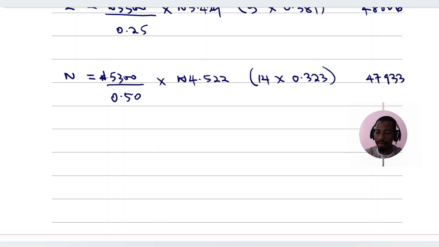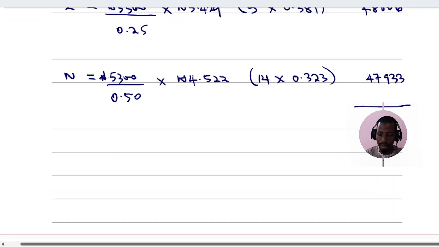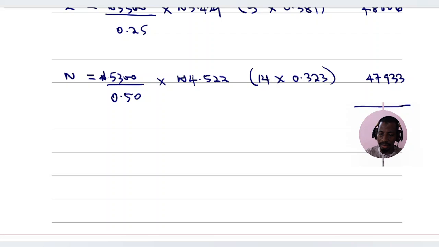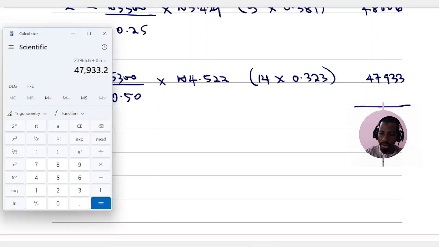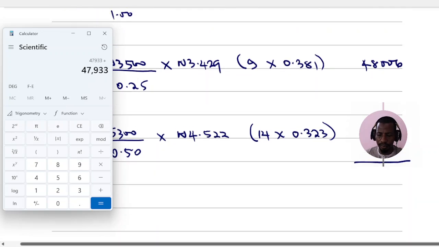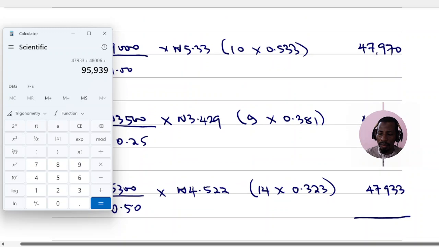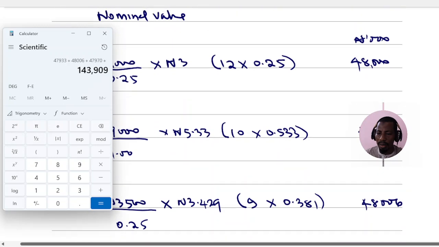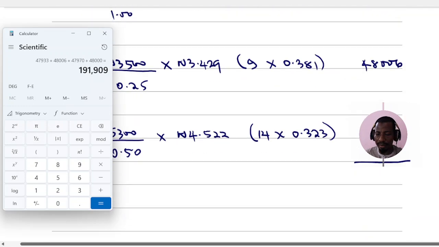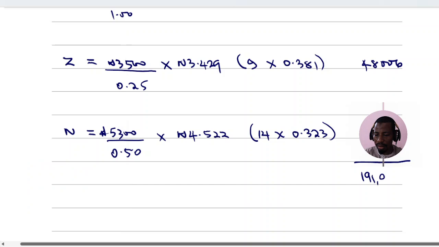So I need to add up all the market value of the proxy company, market value of equity. 47,933 plus 48,006 plus 47,970 plus 48,000 equals 191,909.